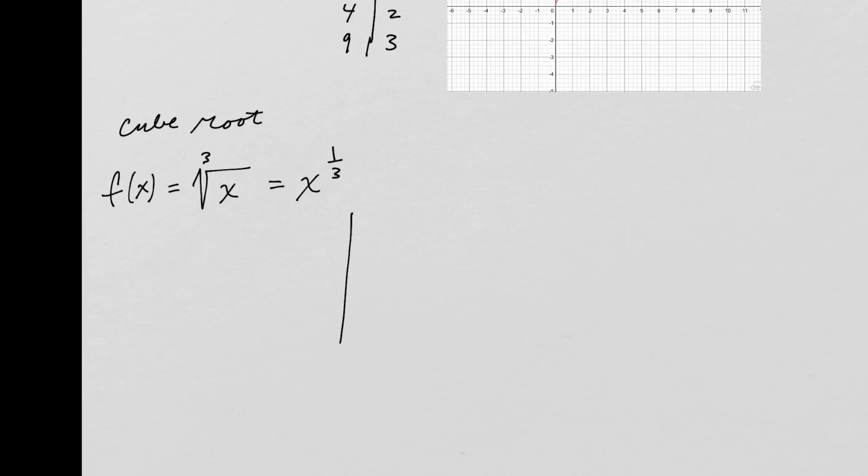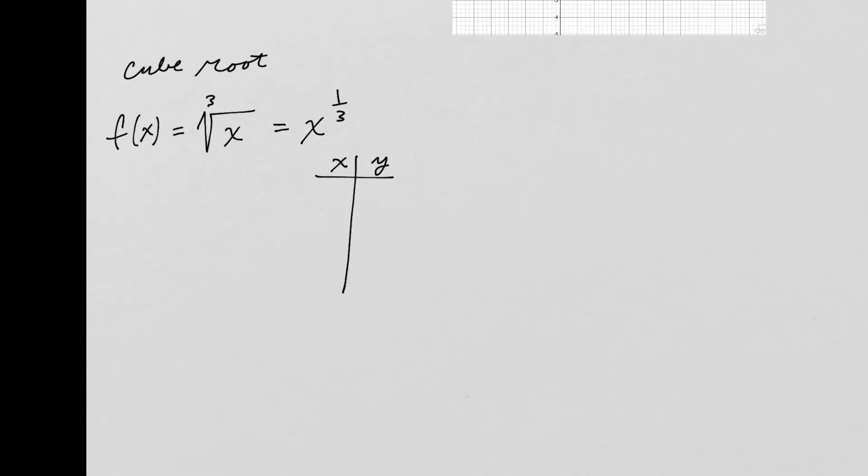So if I make a table, I pick some convenient values that have nice, perfect cube roots, like negative 8, maybe negative 1, 0, 1, 8. So why did I choose negative 8? Because for the cube root of negative 8, can I think of something times itself three times that gives me negative 8? Yeah, negative 2, right? Because negative 2 times negative 2 times negative 2 gives me negative 8. So the cube root of negative 8 is negative 2. So negative 8 is a perfect cube, is another way of saying it.